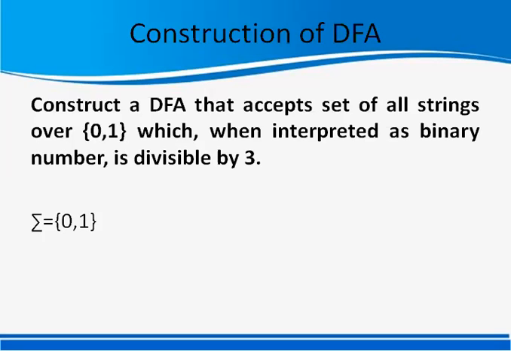Here, what are the possibilities when we divide a number by 3? Either we can get a remainder as 0 or 1 or 2. So we can classify all the strings that belong to the given language into three categories.